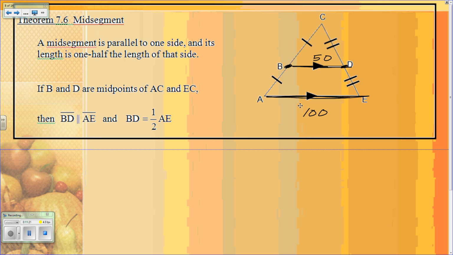But the easiest way to look at it, so you don't have to deal with the fraction, is to say 2 middle pieces. So if I said 2 BDs, because that's the middle piece, it's really just equal to 1 AE. Or even easier, 2 BDs is AE. So I would need 2 of these to equal 1 of those. So let's try it.